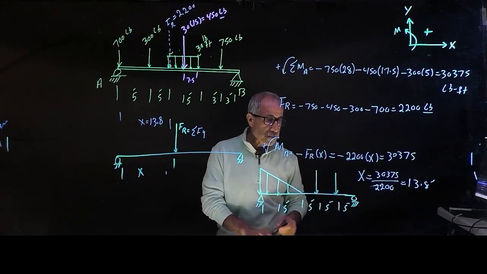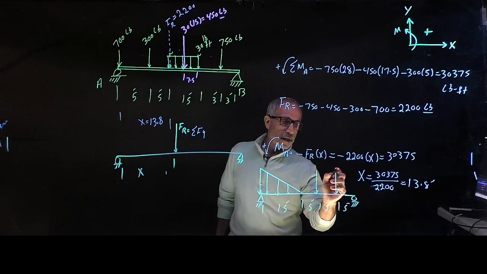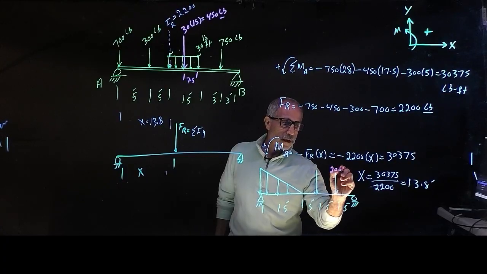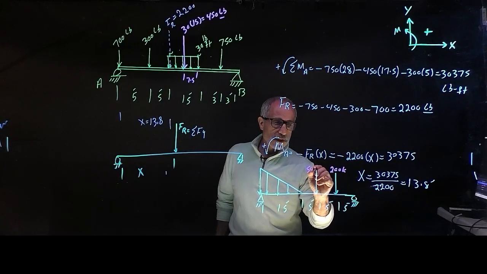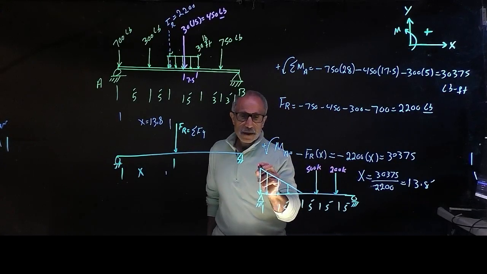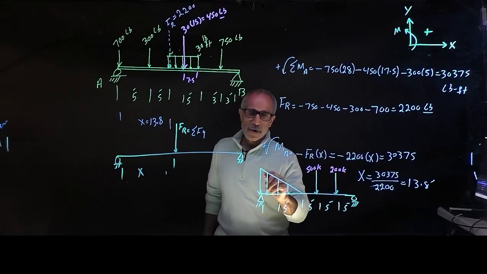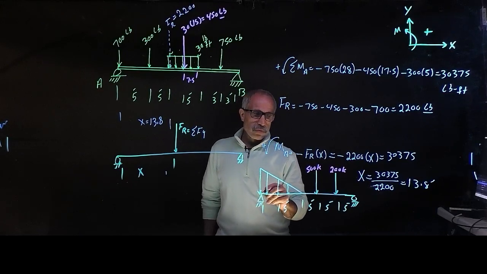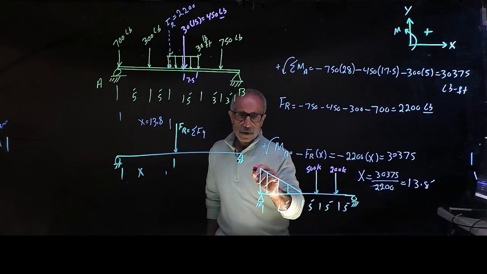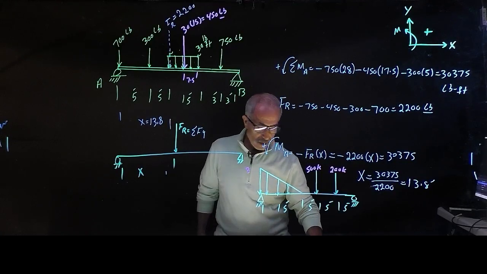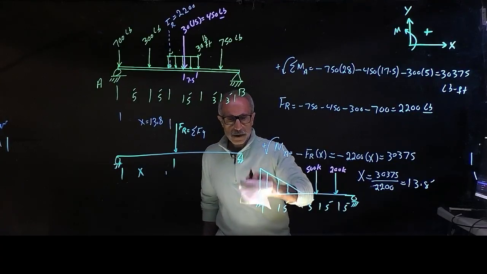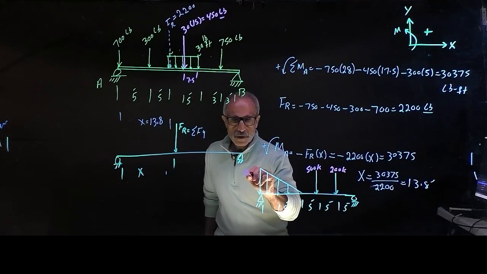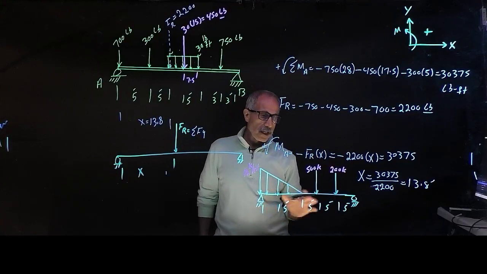Make this 200 kip, make this 500 kip, and make this, let's say, no, that's small. Let's make it big. Make it 12 kip per foot.